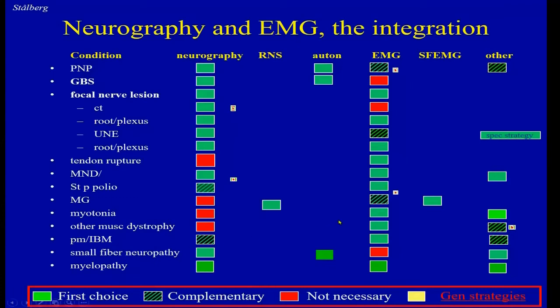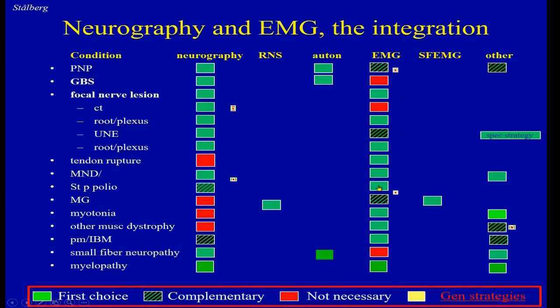Well, post-polio syndrome is a clinical situation when the patient had an acute phase, then recovered for many years, and now over the last half year has increased problems in terms of weakness, feeling of cold, and increased fatigability and so on. But the EMG and neurography can also help.